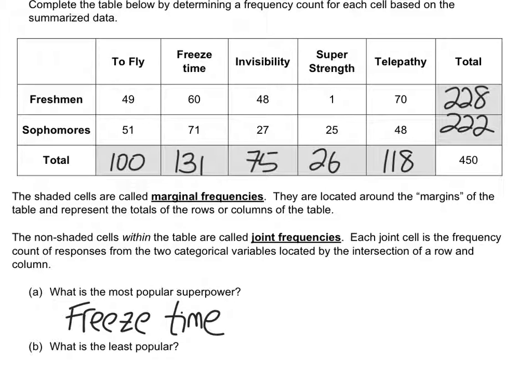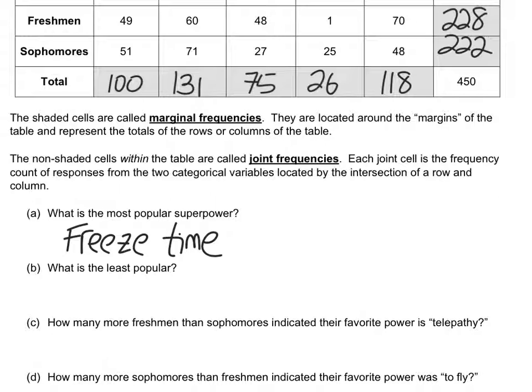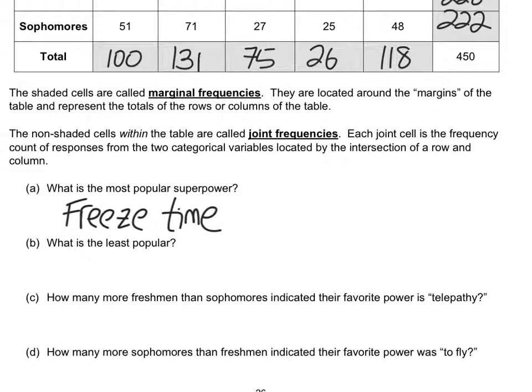It's like an offshoot of it. I think Our Man is one of them. Yeah? He was in Legends of Tomorrow. Straight up murdered by Reverse Flash. Least popular? Super strength. Super strength. All right. So obviously these individuals do not know anything about superhero powers.